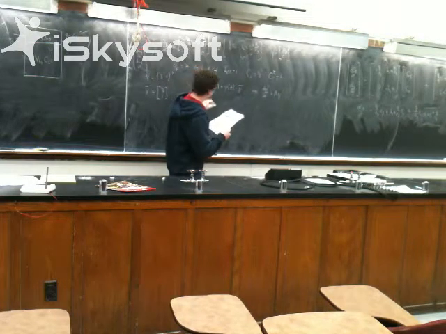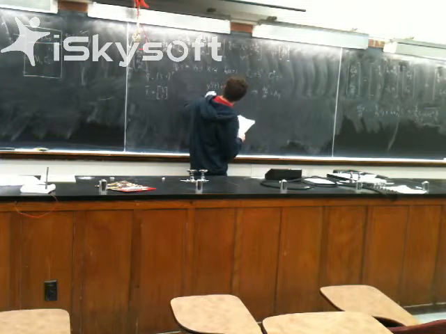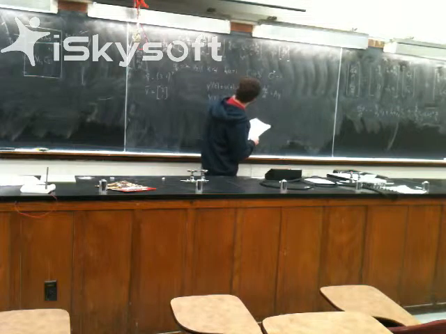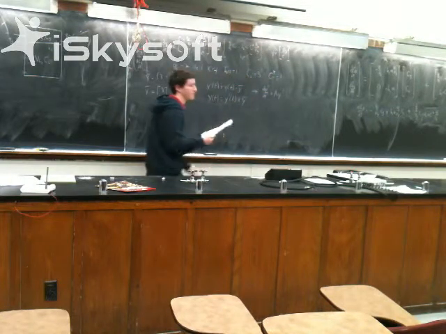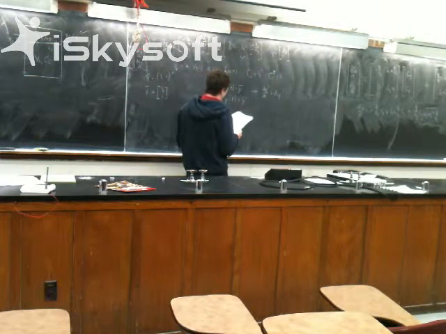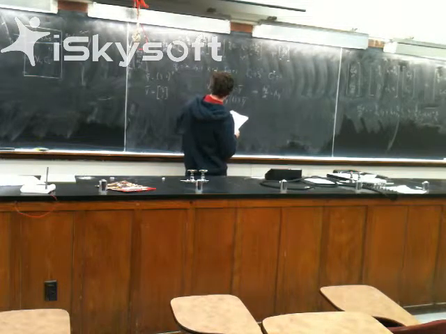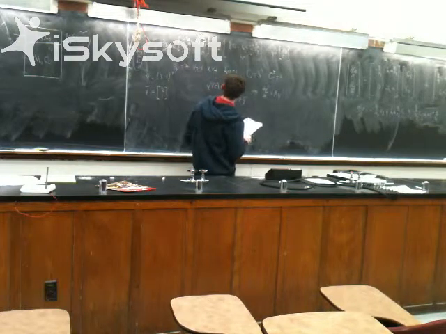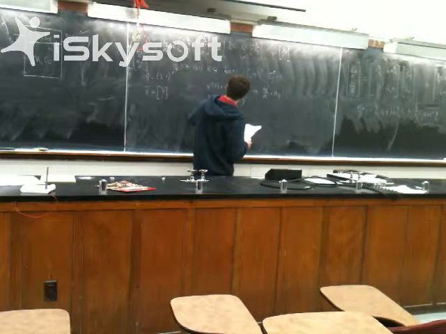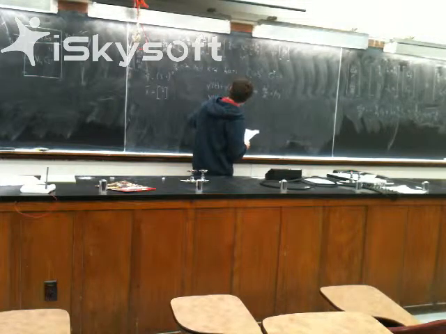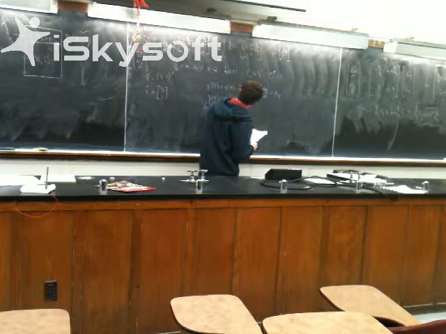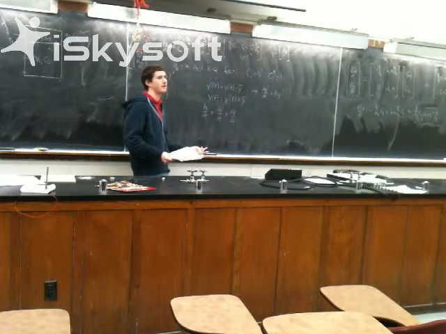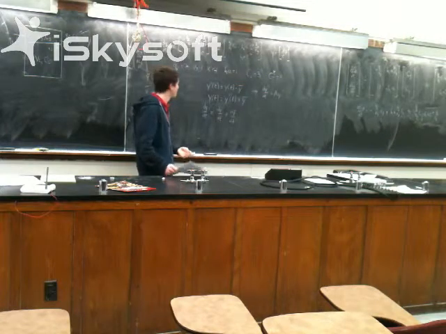you can rewrite y of t as y prime of t plus the steady state solution. And if you write this in terms of the derivatives, you get dy dt is equal to dy prime dt plus dy bar dt. But this is equal to 0 because steady state is a constant.